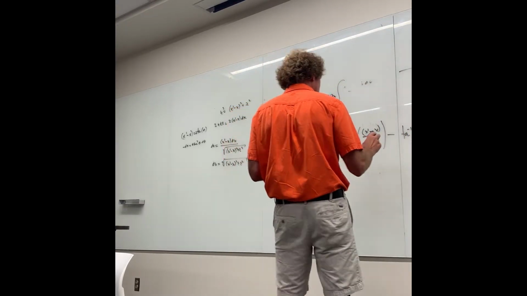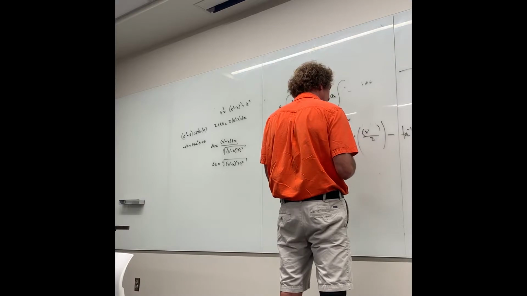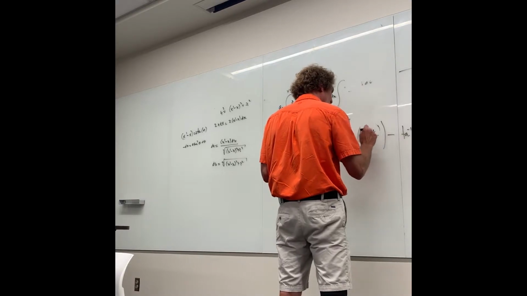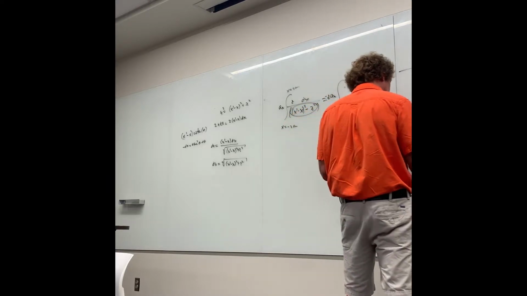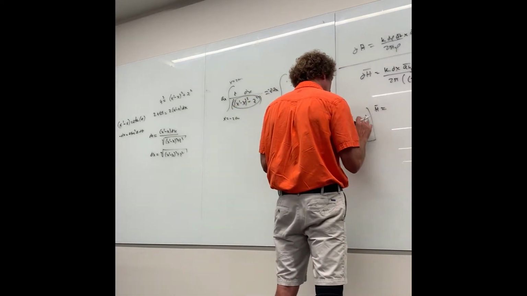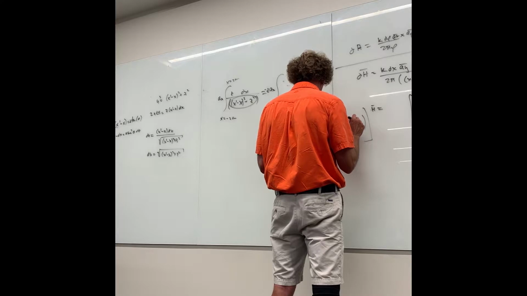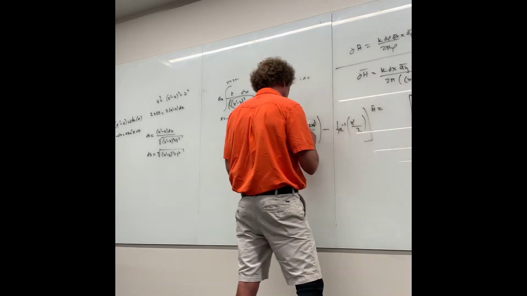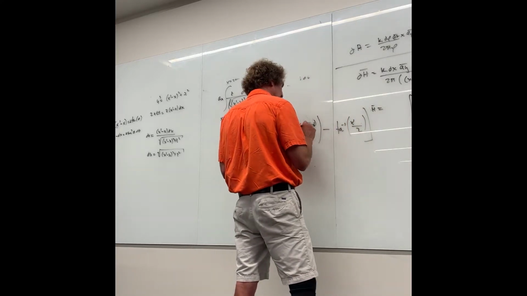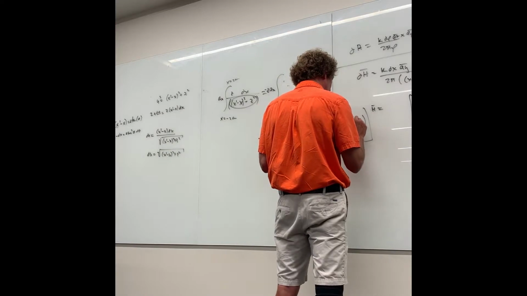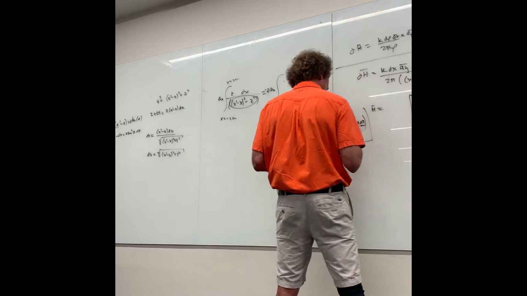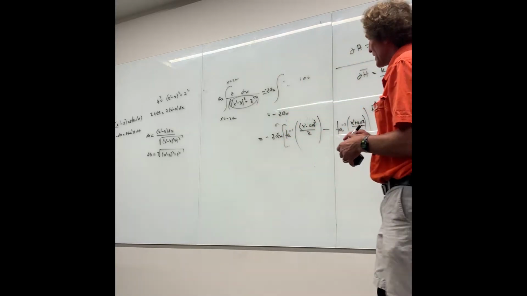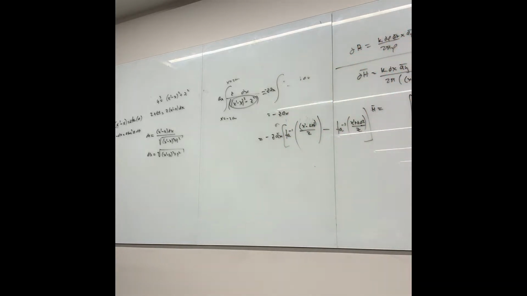X right here is minus 2, so that's plus 2 centimeters. That's going to be a minus, and that's going to be a plus 0.02 over z, and that would be the answer for that portion of h right here.